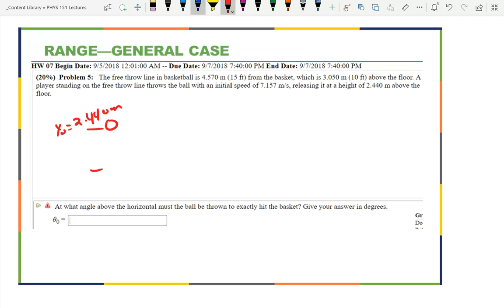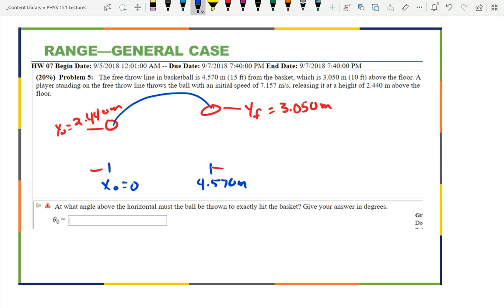And then the ball is going to go up in the air, come down here, and go through the hoop that is at y final equal to 3.050 meters. And I'm sorry, x0 is equal to 0. I heard the basket, 4.570 meters is x final. So I've got my x initial and final, my y initial and final.